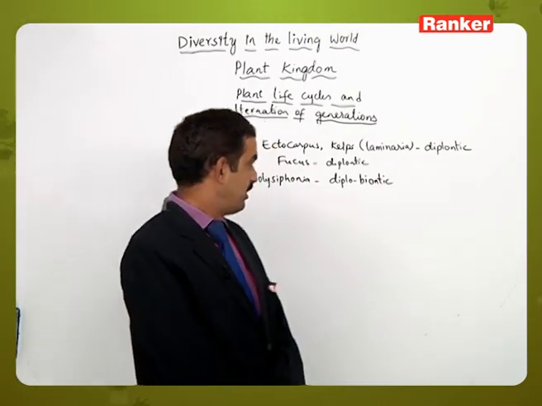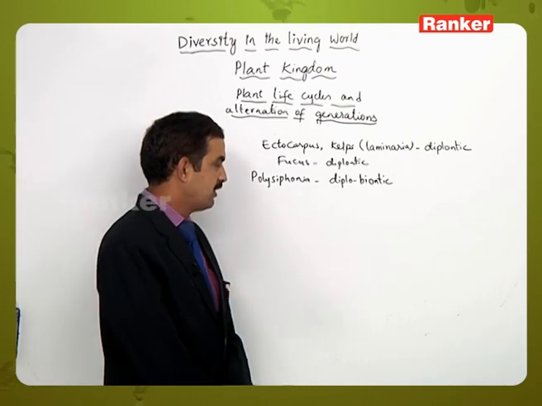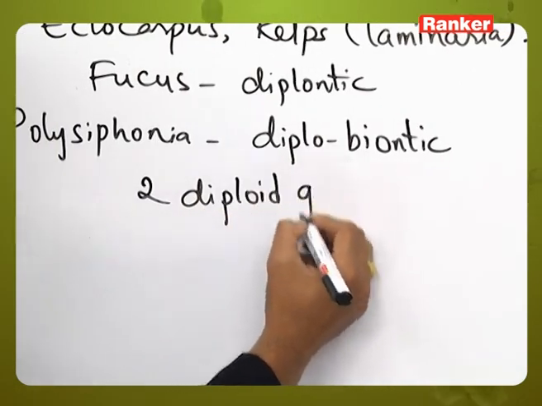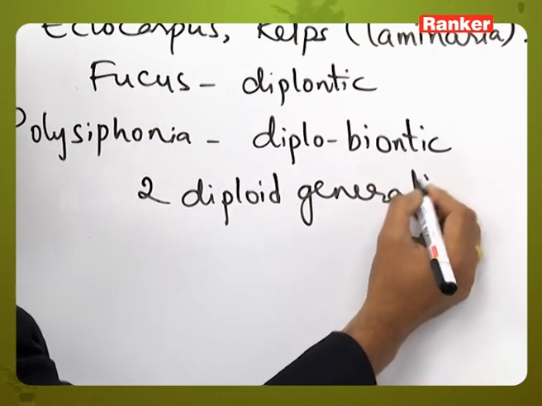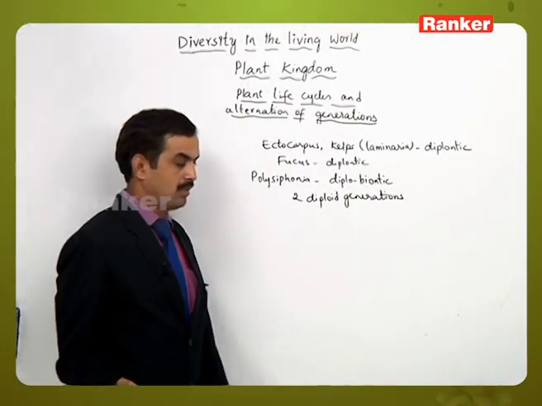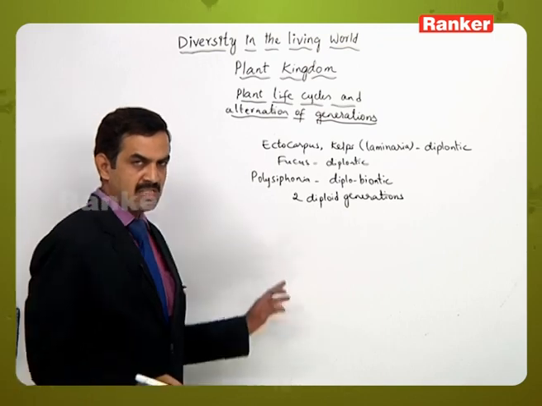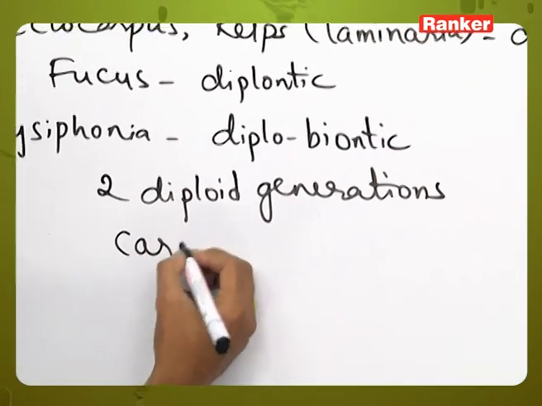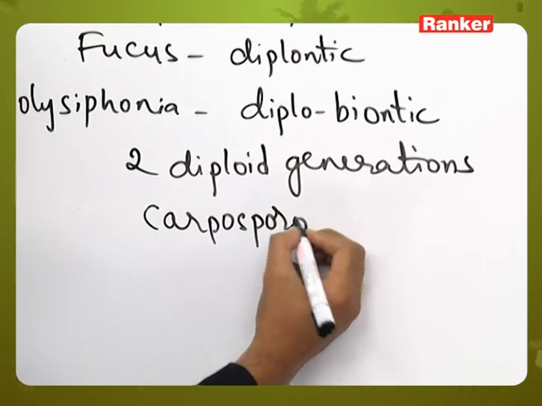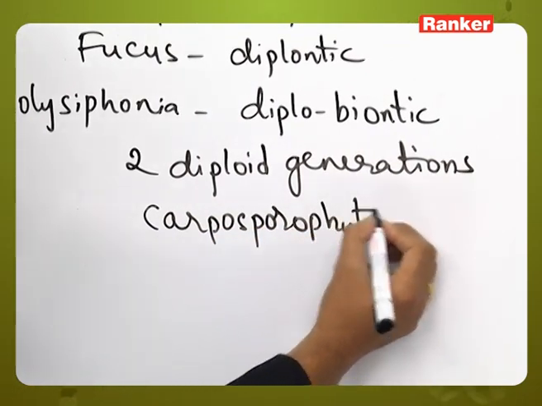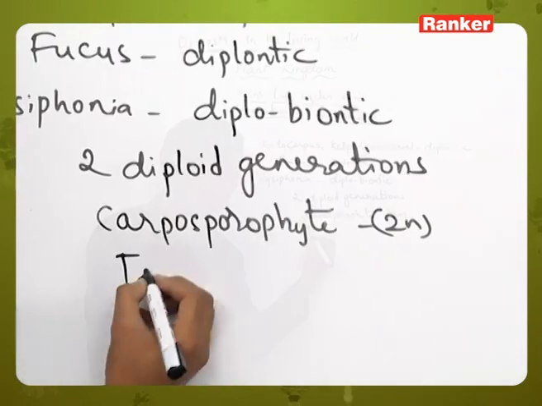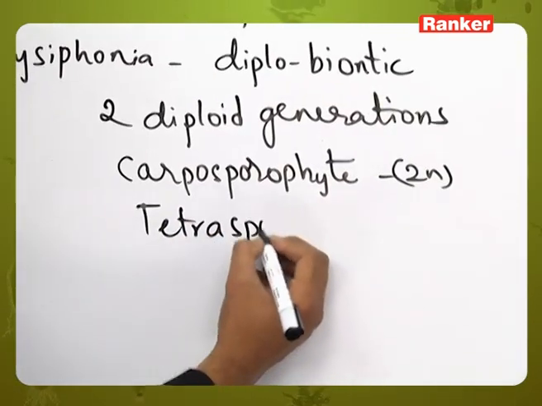So in the Diplobiontic life cycle, two diploid generations are present. The two diploid generations are, one is a Carposporophyte, which is diploid in condition, and the other one is Tetrasporophyte.